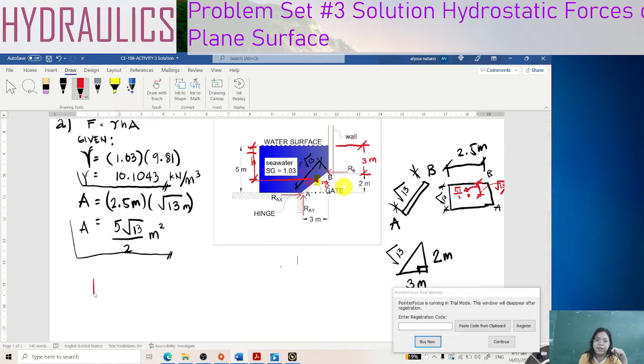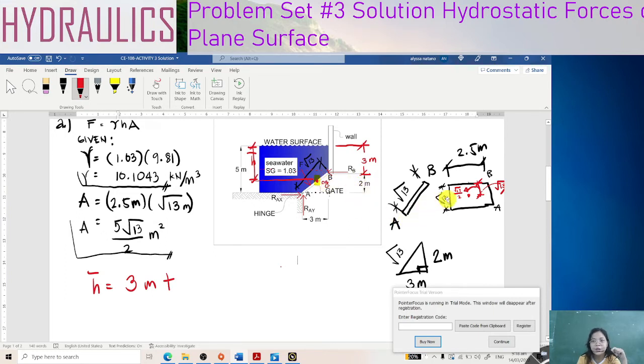So, ibig sabihin, ang h bar mo dyan is 3 meter, itong measurement nitong water surface hanggang dito sa may smooth wall B, plus what is now your centroid measured from B to CG, that is projected vertically, so 2 over 2. Saan galing yung 2? Dito ayan. So, kung i-measure mo siya, kalahati niyan.